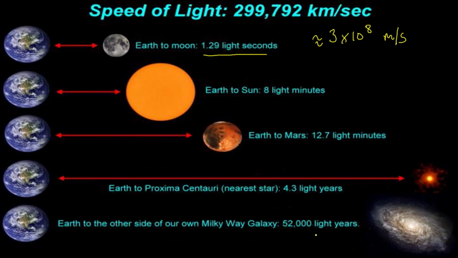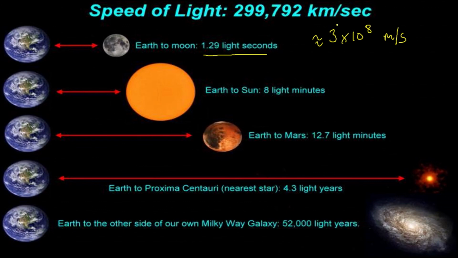So where our universe is incredibly large, using kilometers or using other prefixes doesn't really describe how big, or it doesn't give us a standardized measurement of how far everything is away from each other.